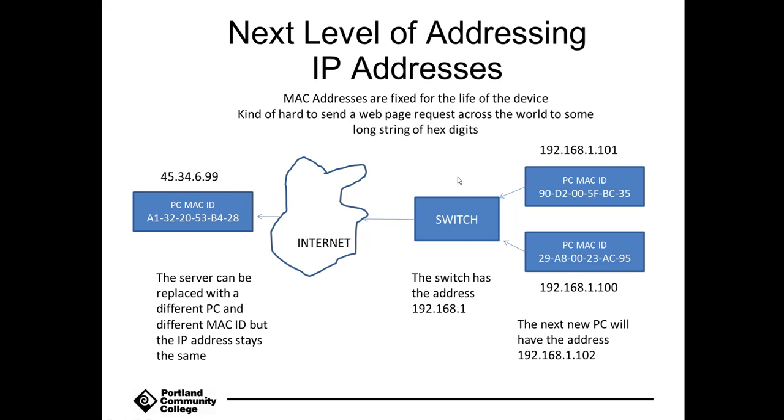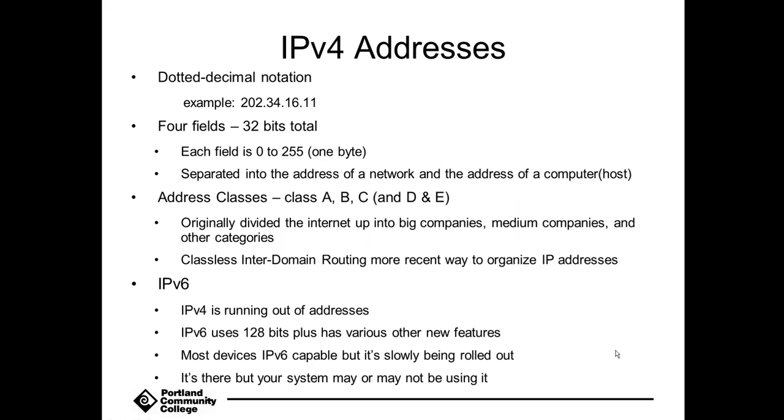The switch, in a sense, has the first three sets of numbers. Everything that connects to that switch, and in this case we have it set up so there could be 255 different computers, but the next PC would have the next new address, 192.168.1.102. So an IPv4, which stands for Internet Protocol version 4 address, has this dotted decimal notation.